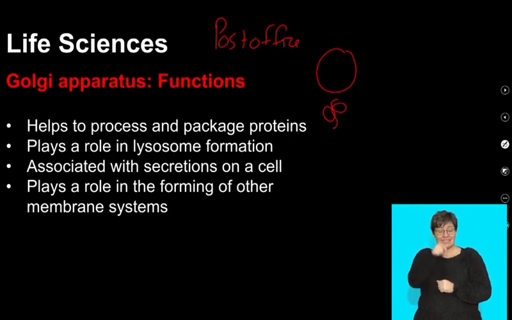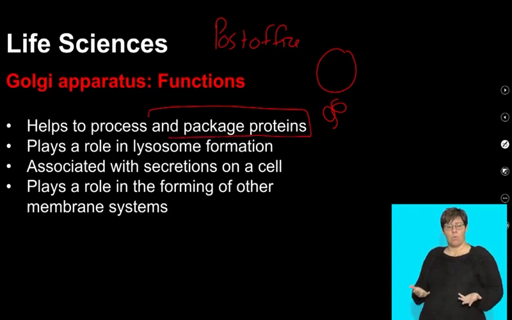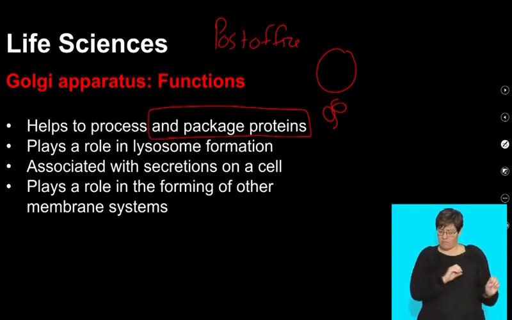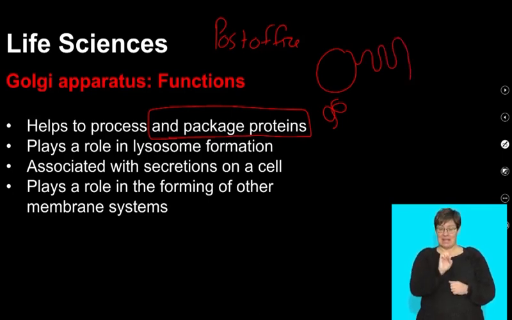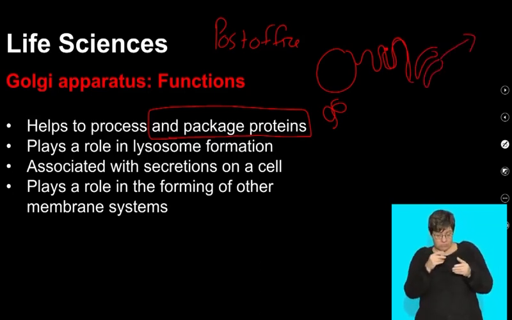The protein actually has to go somewhere. I need to put it into a package and send it out throughout the body. And that's exactly what the Golgi body does. So the endoplasmic reticulum is going to transport, the ribosome is going to make the protein, and the Golgi body takes that protein, packages it, and then sends that package away.